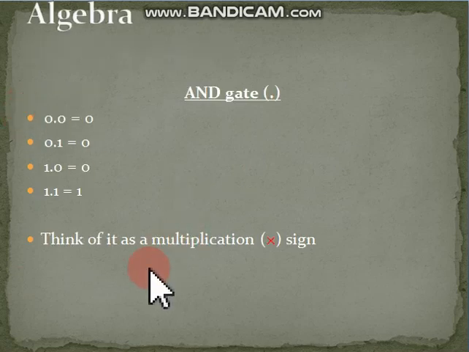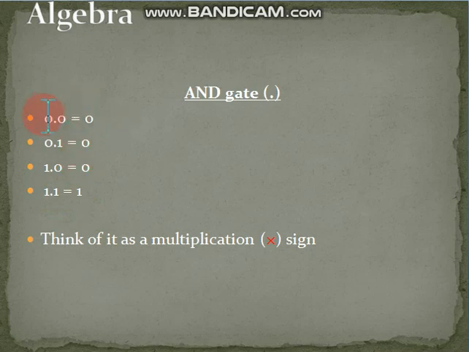So think of an AND gate as a multiplication sign. That's how it works. So for example, here we have 0 dot 0. That's the same as 0 times 0, which is 0. 0 times 1, it's 0. 1 times 0, it's 0. And 1 times 1, it's 1 in Boolean algebra.